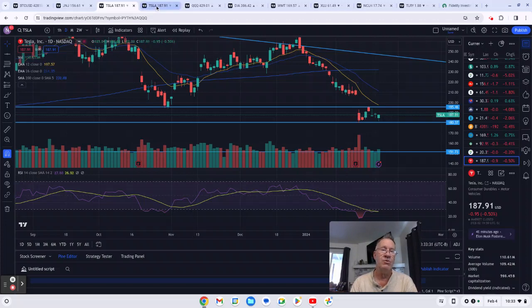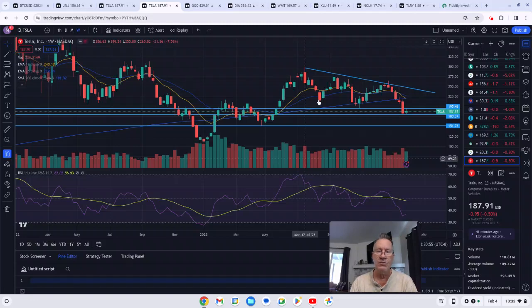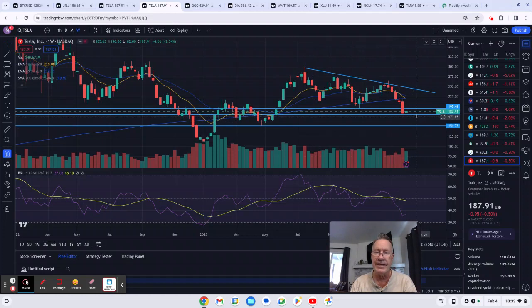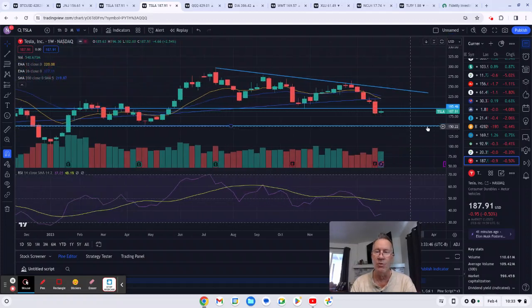So now going into the weekly chart, this is the weekly chart here. I took out the trend line just to make things a little easier, not to have so many lines in the way.